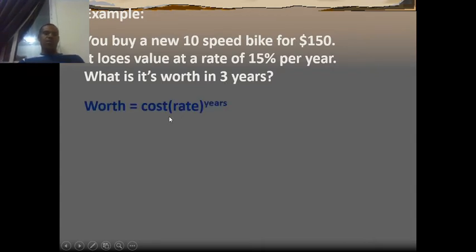Here, worth is cost times the rate to the power of the years. The price of the bike multiplied by the rate, to the power of the years. It will be C times (1 - 0.15) to the power 3. A loss means 15%.